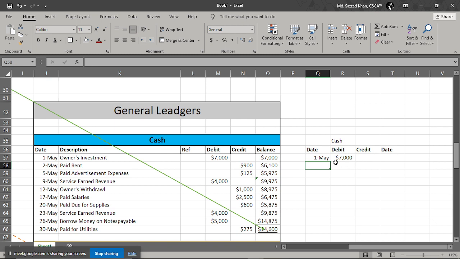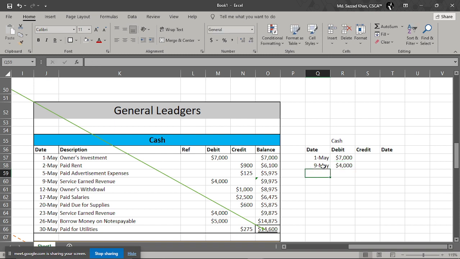First, we take all the debit ones as a set. So where did you find another debit entry? On the 9th of May, service revenue. How much? 4,000, right?